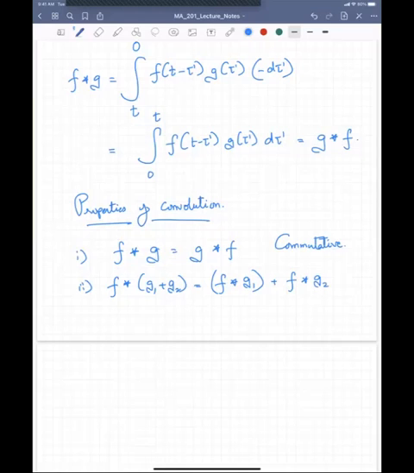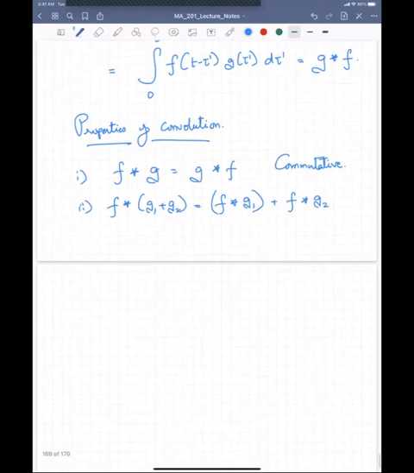This is distributivity. And it doesn't matter in which order you take the convolution, as long as you respect left to right. So this is basically f star g star v. This is associativity. And then of course, if you take the convolution of f with 0 or 0 with f, you get 0.